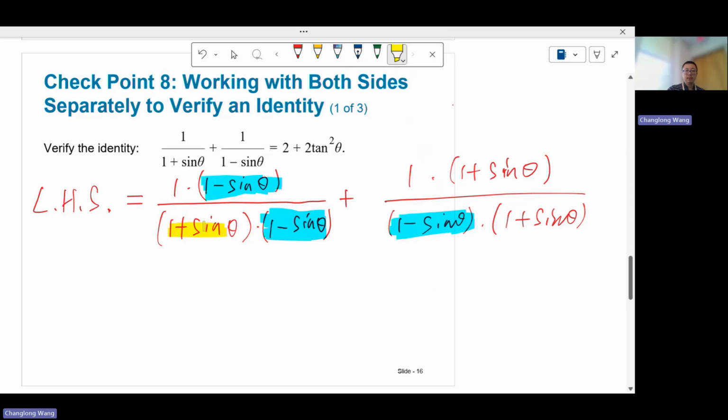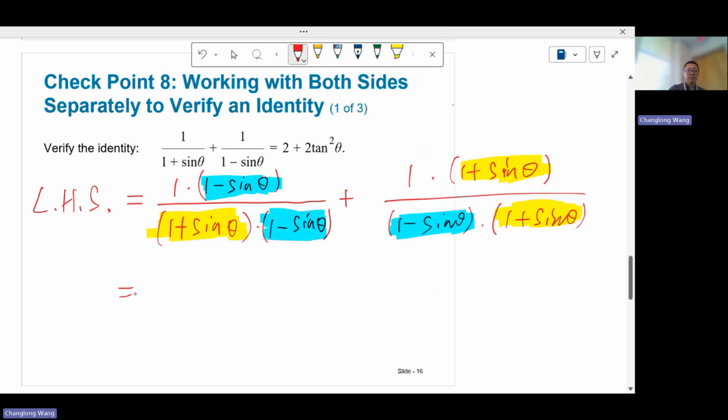And we multiply the second fraction's numerator and denominator with the first denominator. Of course, you have to make sure that you multiply the same thing to both the top and bottom of the second fraction. Okay, so again, indeed, it looks like swapping things around and multiplying both the top and the bottom, right?